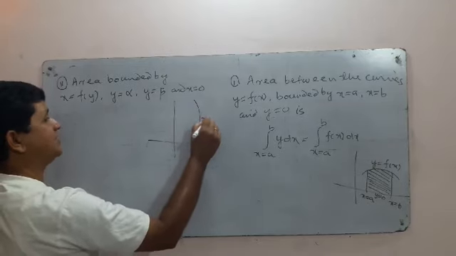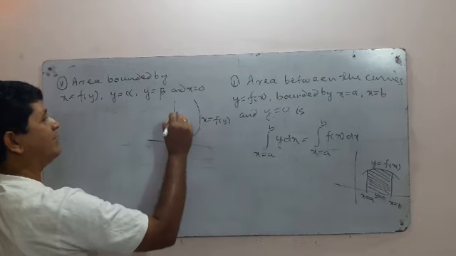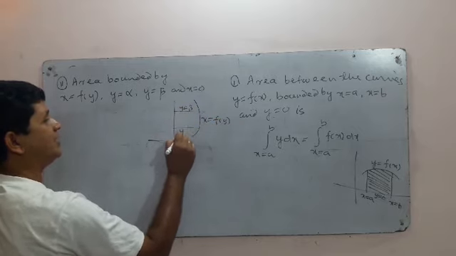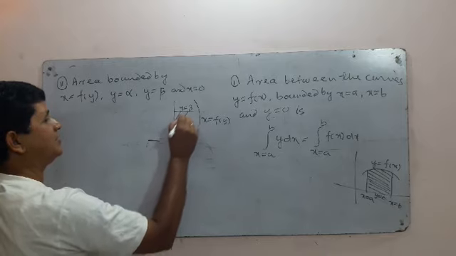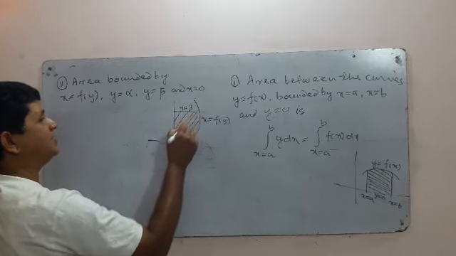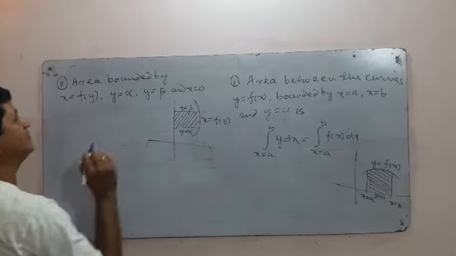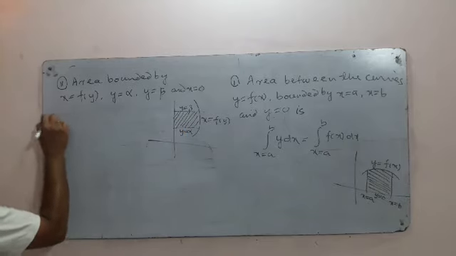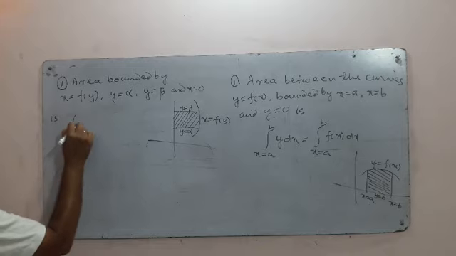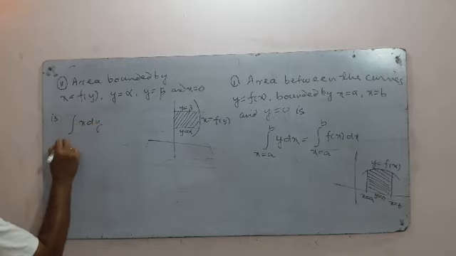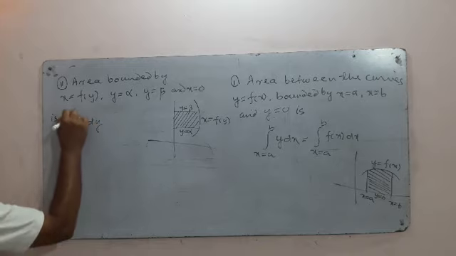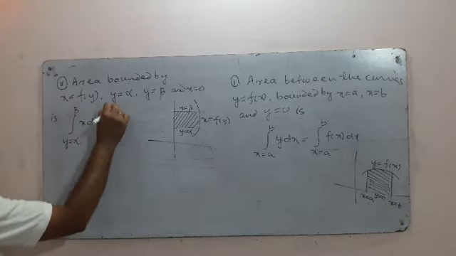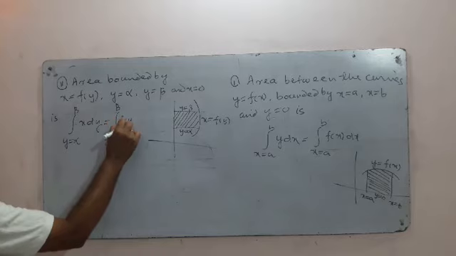This is x is equal to f of y, this is y is equal to beta, this is y is equal to alpha, and this part of area is to be determined. The area is the integration of x dy, y varies from alpha to beta, or the integration of f of y into dy.